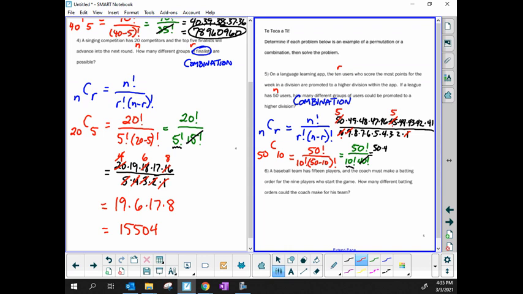Does 8 go into any of the numbers on top? Yeah, 8 goes into 48. So cancel out the 8, and 48 divided by 8 is 6. Does 7 go into any of the numbers on top? Yeah, it goes into a couple. It goes into 49 and 42. I'd rather get rid of that bigger number, so I'm going to use it into the 49. 49 divided by 7 is 7. Does 6 go into any of the numbers on top?